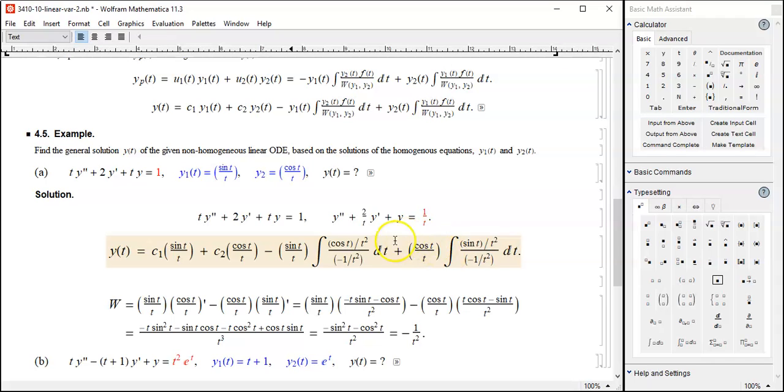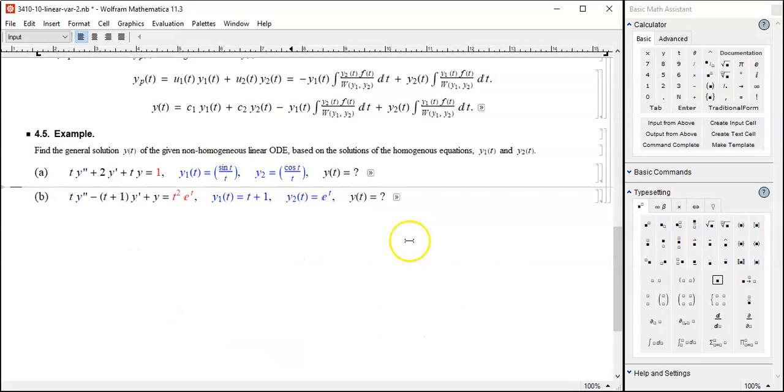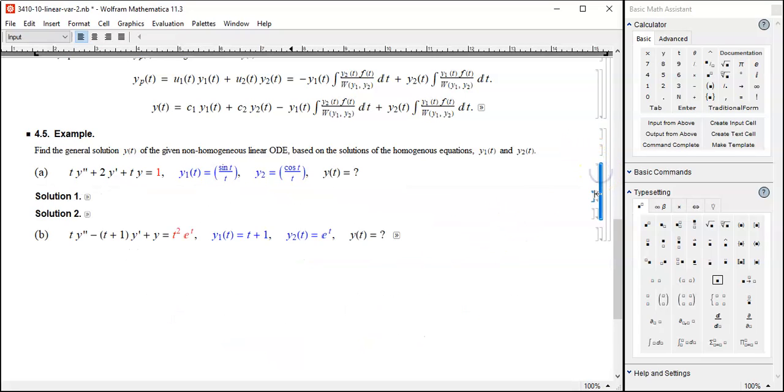Looks like further simplification yields canceling these t squared, and then the antiderivative of cosine, antiderivative of sine. Looks like this is not going to be too challenging a computation once the Wronskian is done. So here you go.